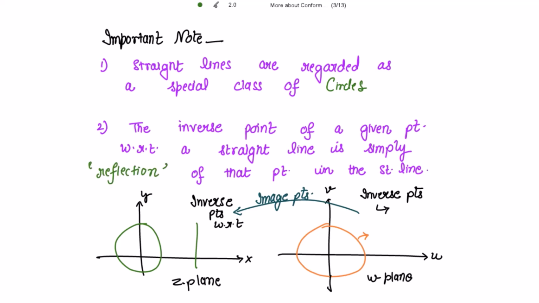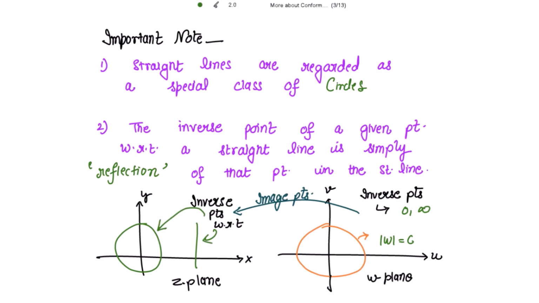If you look over here in the W plane, let's say this is the circle mod W equal to C, and the inverse points with respect to this circle are 0 and infinity, right?